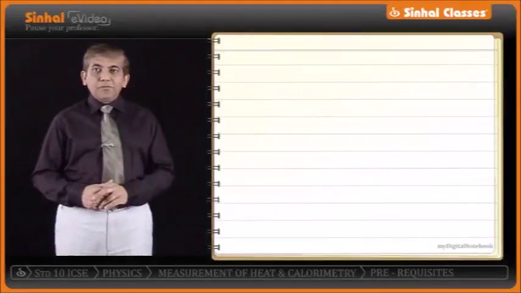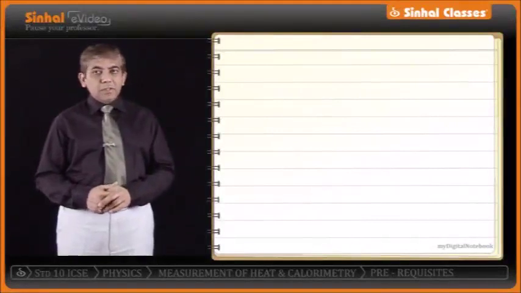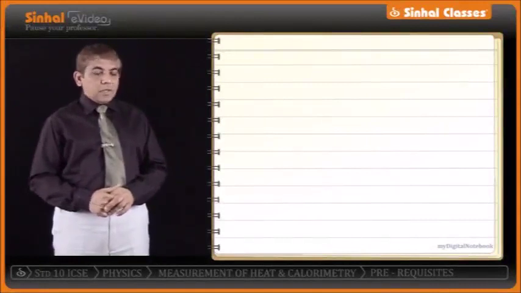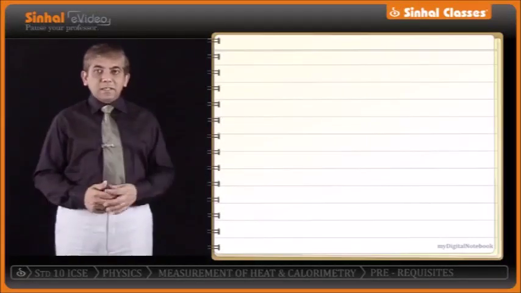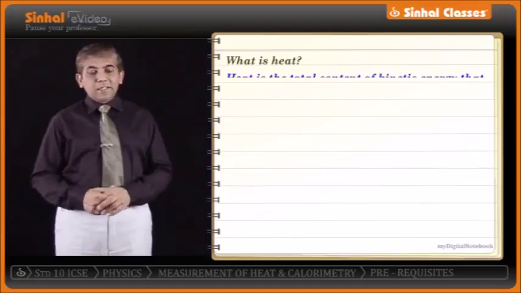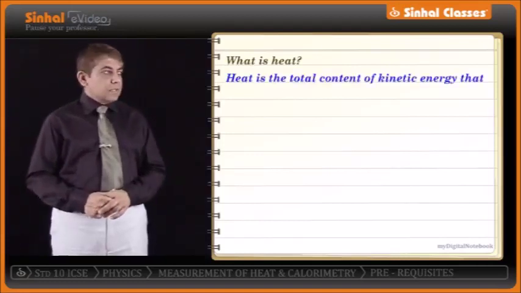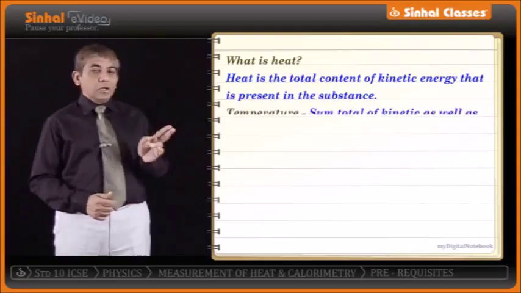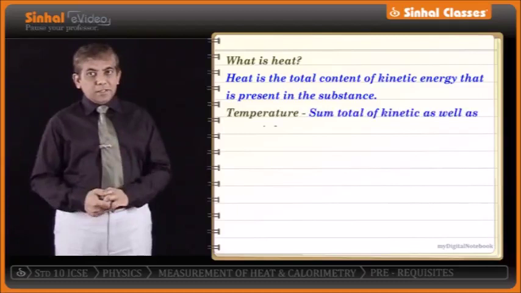This chapter of heat or calorimetry has certain prerequisites. Talking about the prerequisites, as I said, we should know what is heat. Heat is nothing but the total content of kinetic energy present in the substance, whereas temperature is concerned with the sum total of kinetic as well as potential energy.